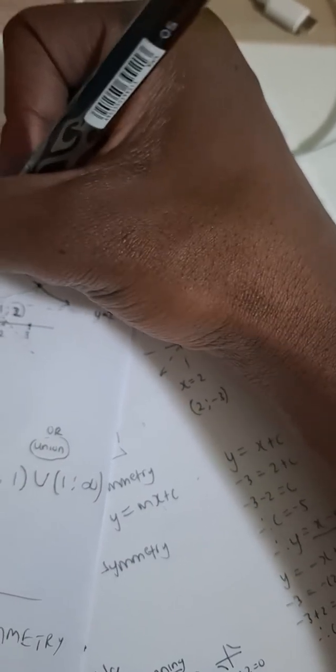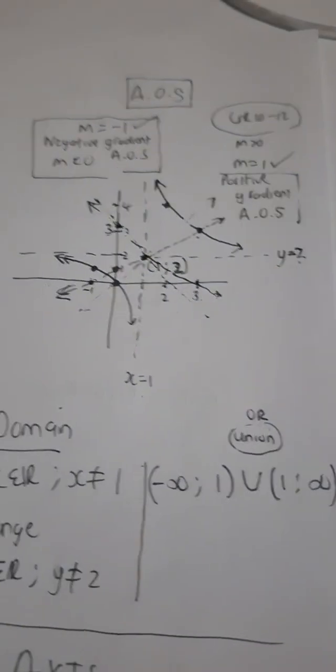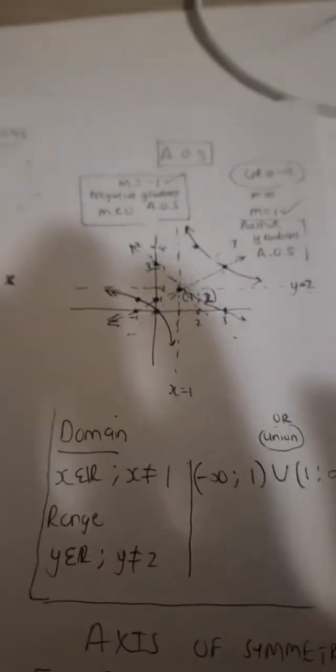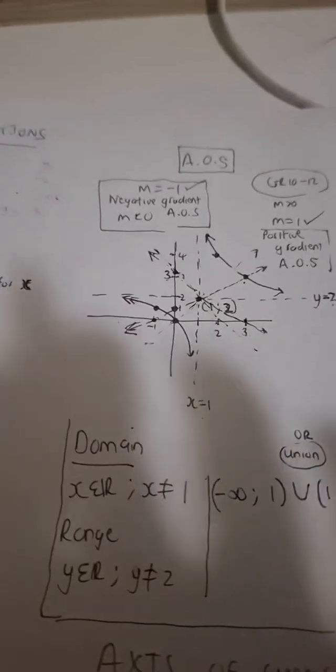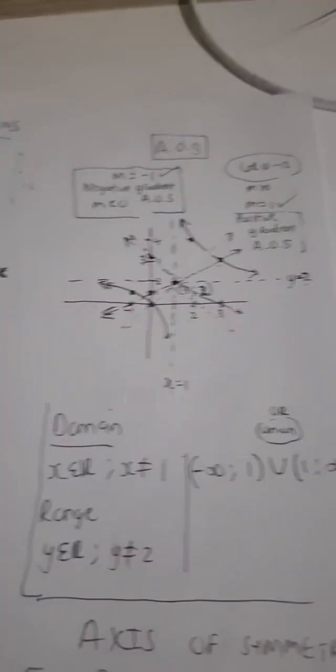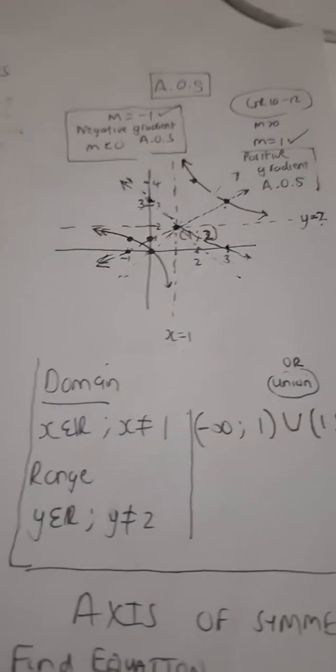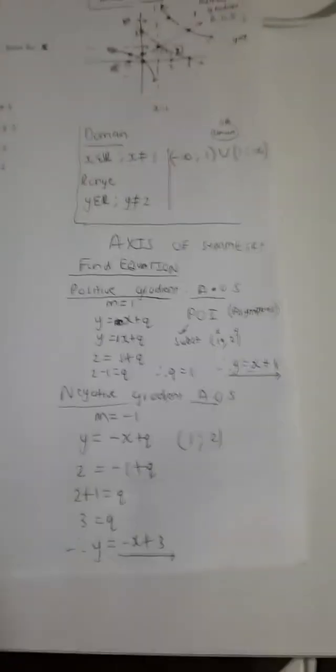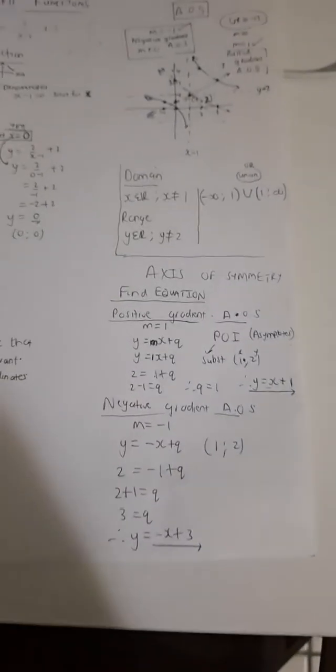I make sure that it's cutting through the point of intersection and the 3. Obviously it's not going to be this busy; you're going to use a pencil, be very neat, and it will materialize. So that's how we sketch the axis of symmetry. Please take note, guys.